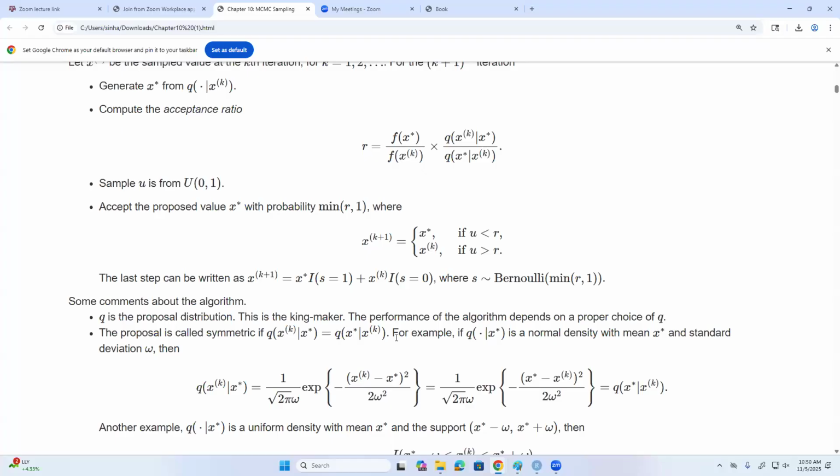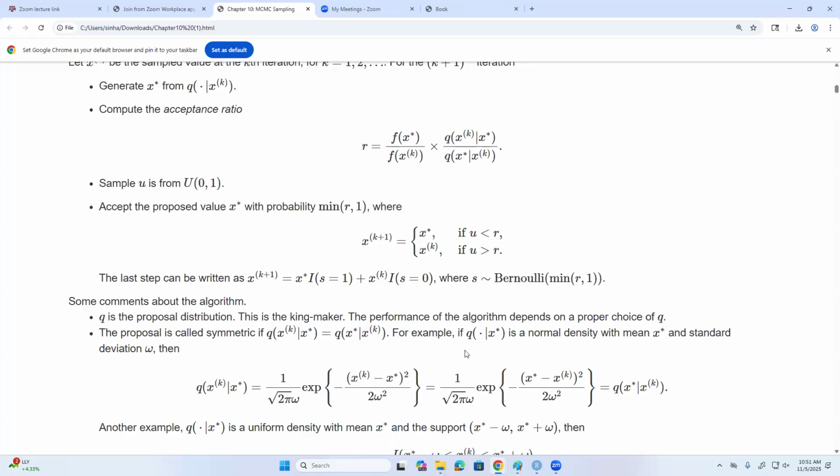Why do you pay attention to a symmetric proposal? Because if it is symmetric, then the calculation of the acceptance ratio is very easy. There is a cancellation of these two terms, and the acceptance ratio is simply the ratio of the two target densities.